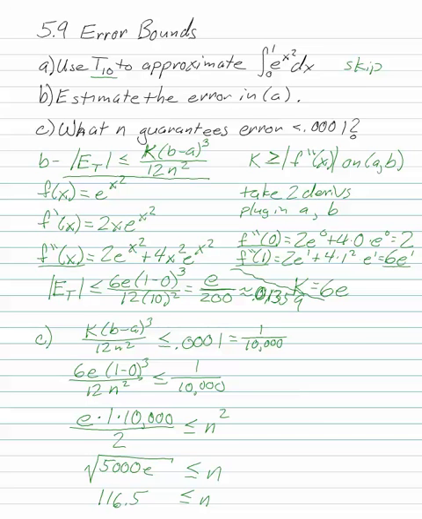Well, if you're thinking through what this actually means, we're asking how many trapezoids do you use? You can't use part of a trapezoid, and it needs to be bigger than this number, so we've got to round up. So n needs to be at least 117. We need at least 117 trapezoids to be more accurate than 1/10,000th. And that's our answer for part C.